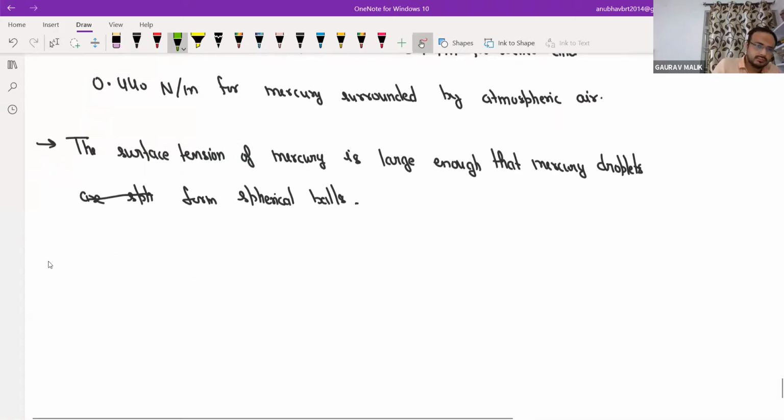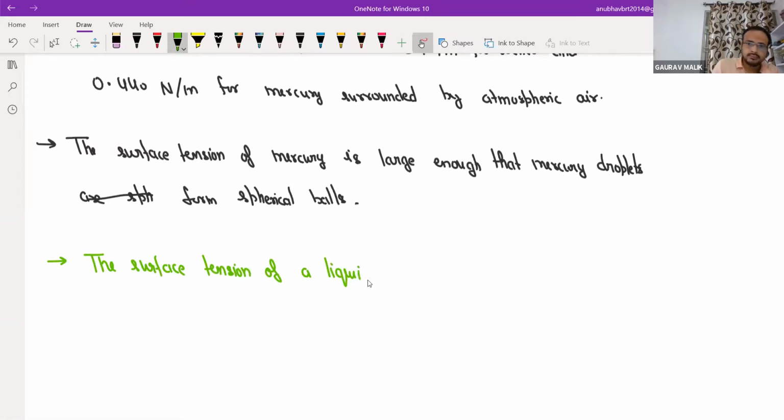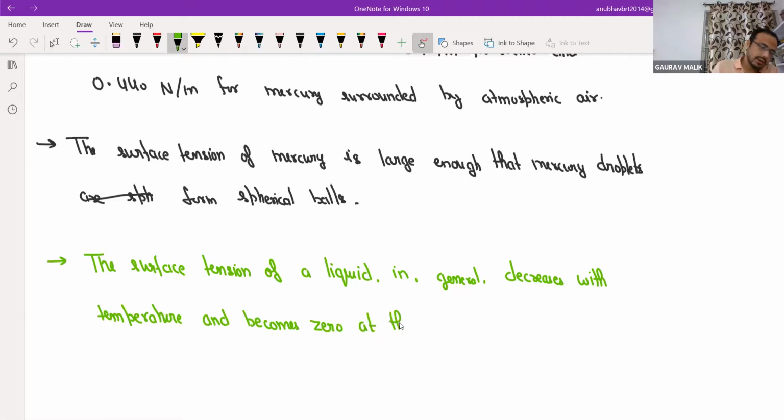Write down next point. The surface tension of a liquid in general decreases with the temperature and becomes zero at the critical point.